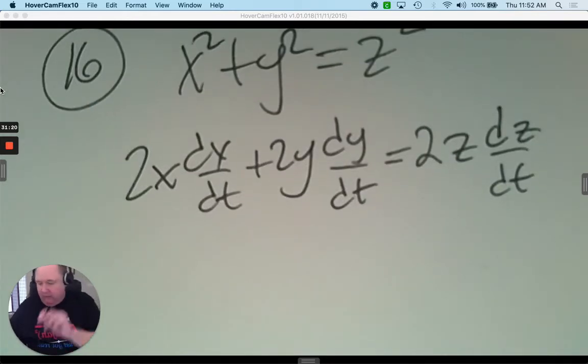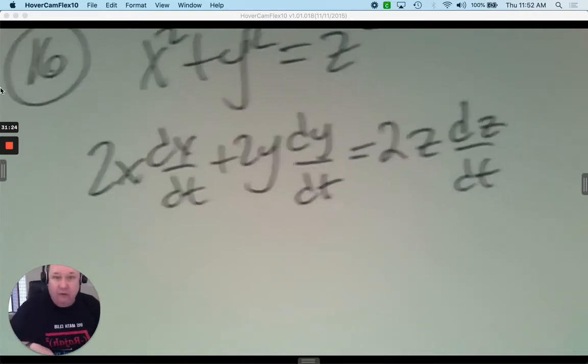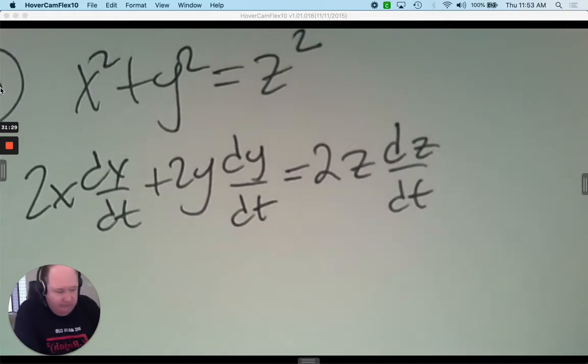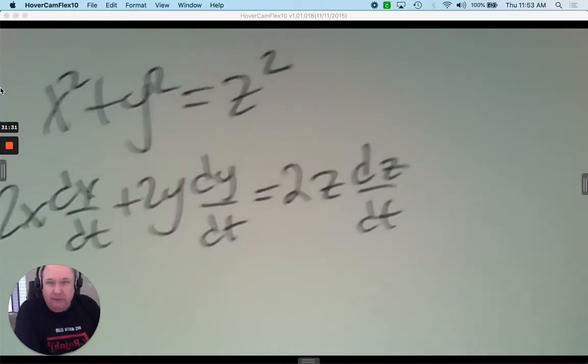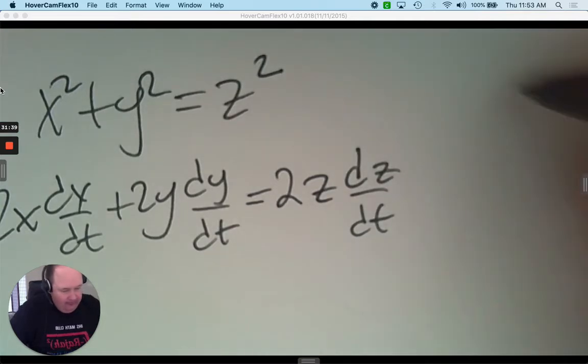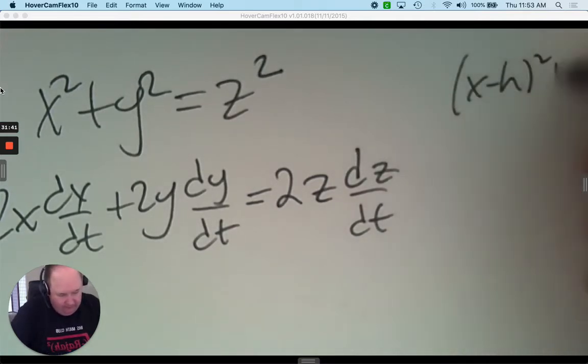So I have too many rates going on, and I don't have any information about it. So what do I do? I have to change this. It would be helpful if I could write y in terms of x and then go that direction. So in the question it says the equation of a circle is this.